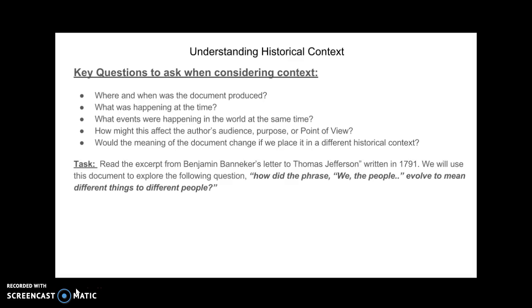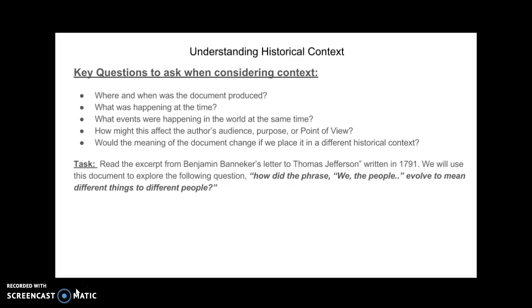How might this affect the author's audience, purpose, or point of view? Would the meaning of the document change if we place it in a different historical context? Those are just a few of the underlying questions you should ask yourself and consider when you're using historical context in analyzing a document.